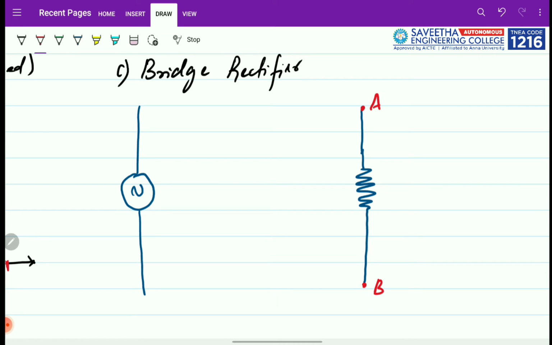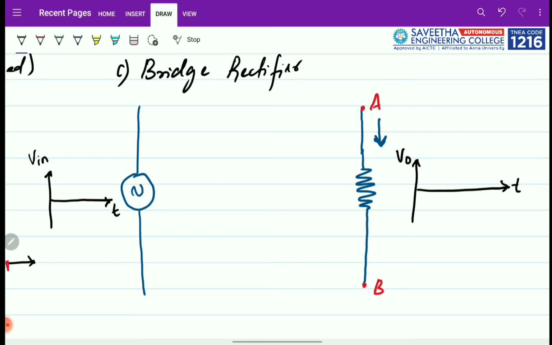So I would always remember that my current in this DC load should always be in one direction, which is A to B. So now I would have a graphical representation of the input, and the output graph I'm drawing somewhere here.